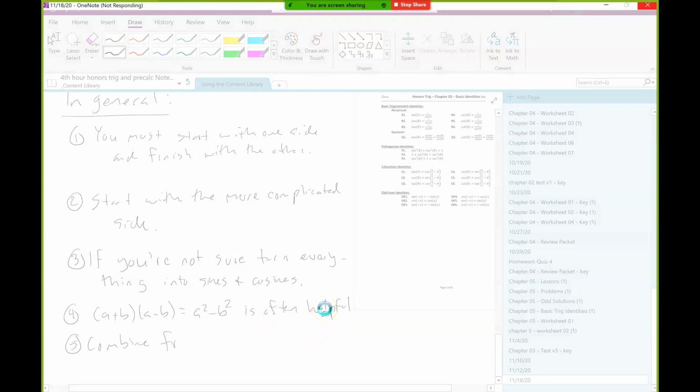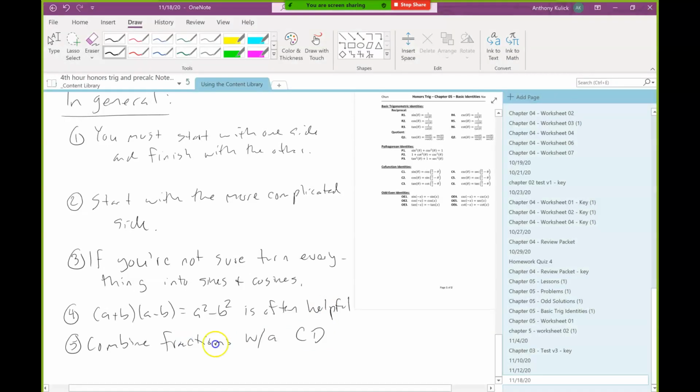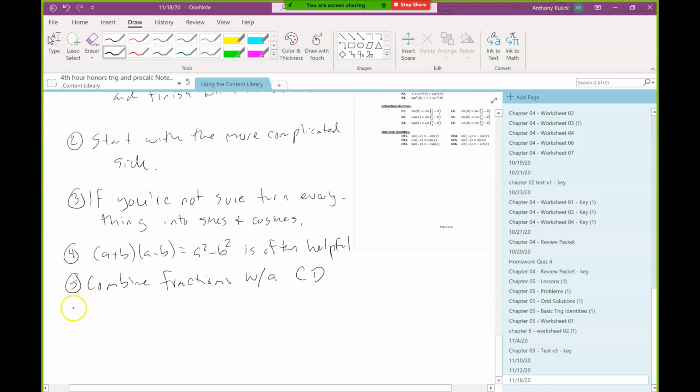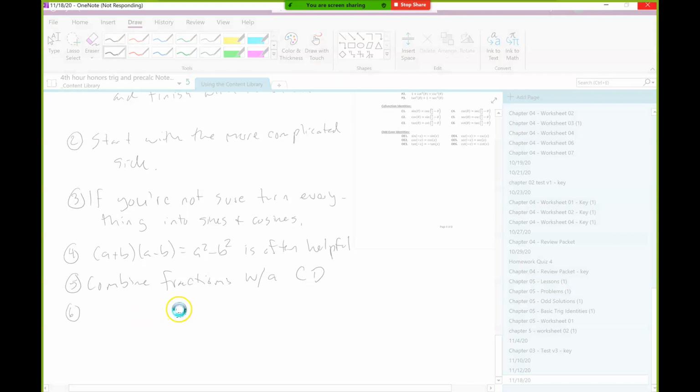If you need to combine fractions, you need to make a common denominator. That's CD, just me abbreviating common denominator.